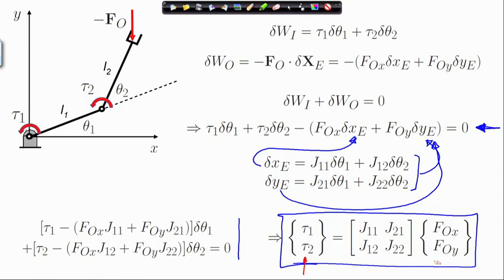So, these are the joint torques and these are the forces at the end effector. Remember that minus F_O is the reaction force.